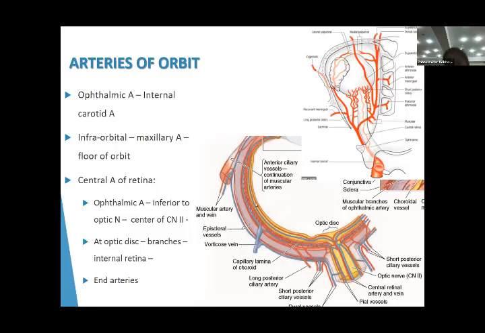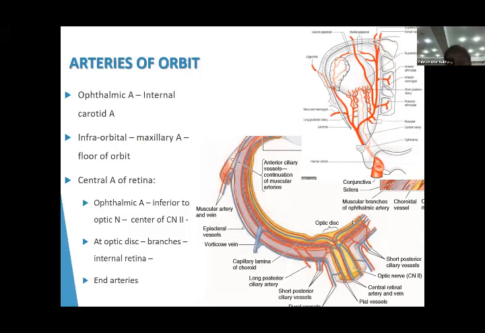एक बात मत भूलिए, please always remember, the central artery of the retina is an end artery. It's an end artery. The branches be there, end arteries. Any thrombus, any blockage in the central artery of the retina will end up in blindness. अंधा हो जाता है इंसान.